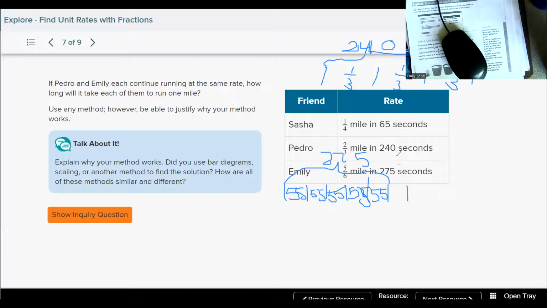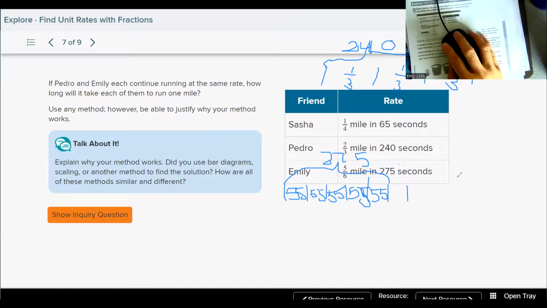All right, so we added then 55 to come up with what? What's 275 plus 55? So 5 makes 280, so 320, 330.